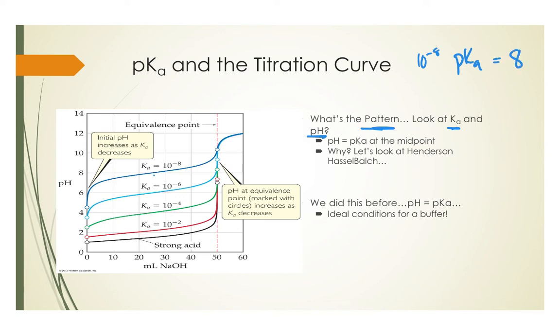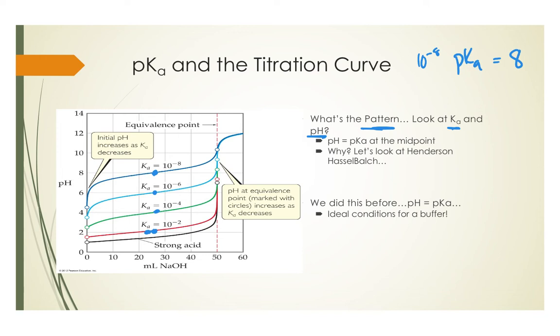Okay, well, that's right here. Likewise, if I took the pKa of 10 to the negative 6th, I get 6. If I go pKa of 10 to the negative 4th, I get 4. Strong acid, or negative 2, I get a pKa of 2.